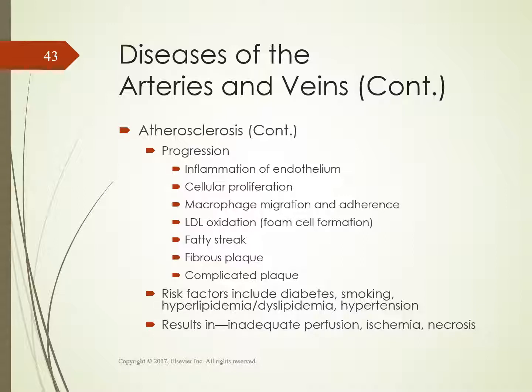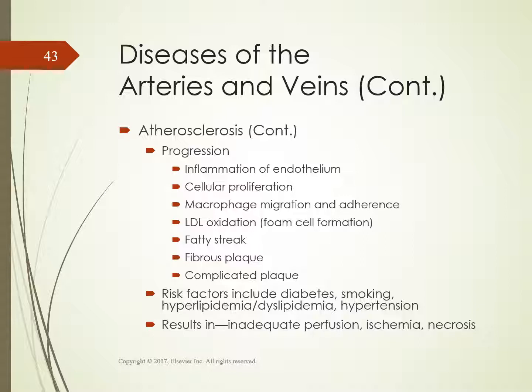The next step occurs when inflamed endothelial cells express adhesion molecules that bind macrophages and other inflammatory and immune cells. Macrophages are activated by binding to damage-associated molecular patterns released from injured cells, and release inflammatory cytokines and enzymes that further injure the vessel wall.